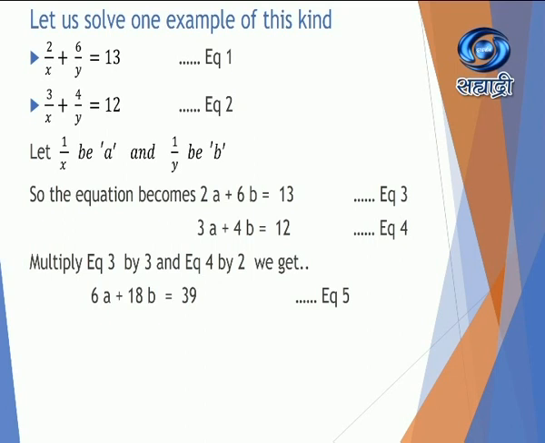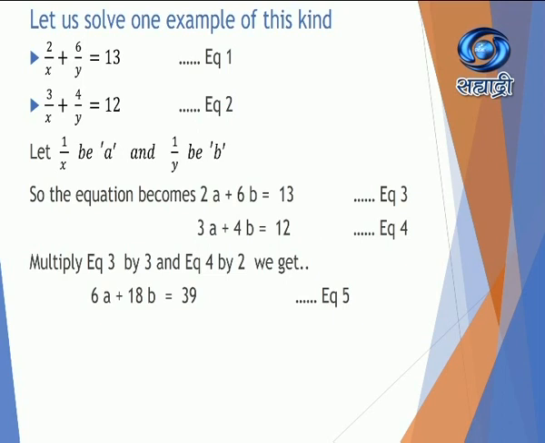So equation 3 multiplied by 3 gives 6a plus 18b equal to 39. Always remember, whatever multiplication you are doing, that should be done to the left hand side and right hand side of the equation. So my equation 5 becomes 6a plus 18b equal to 39.